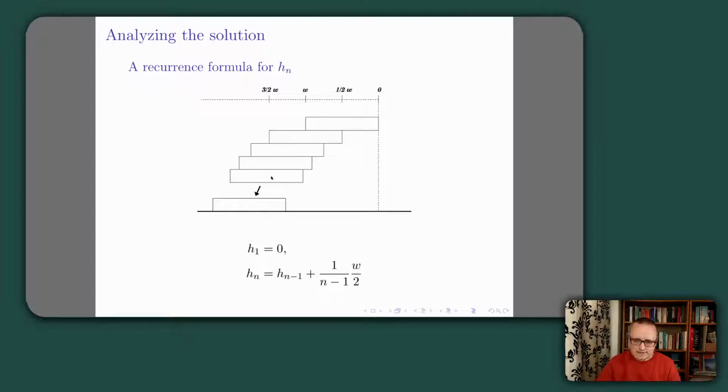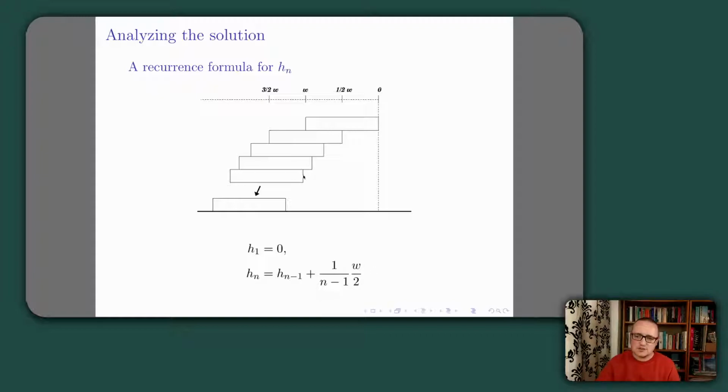Its individual center of gravity is located halfway along its width, but it is only one of n-1 blocks here, so it gets a weighted contribution.